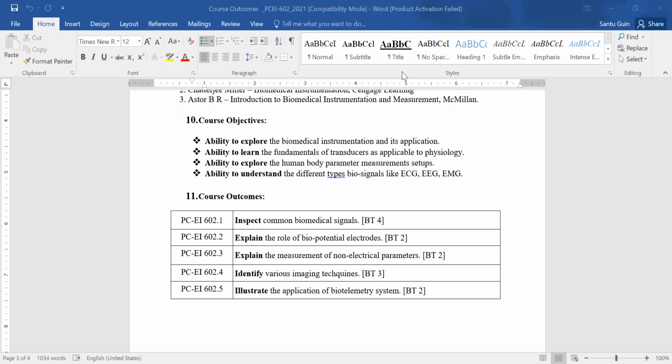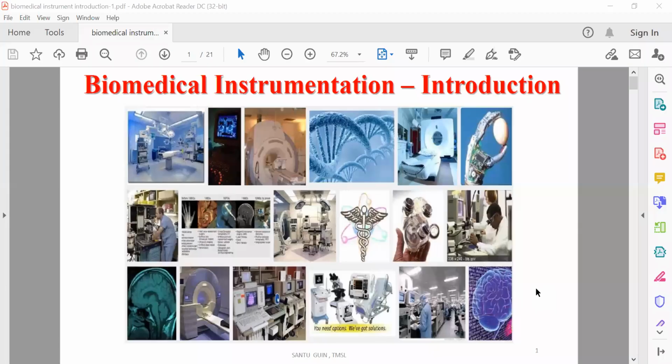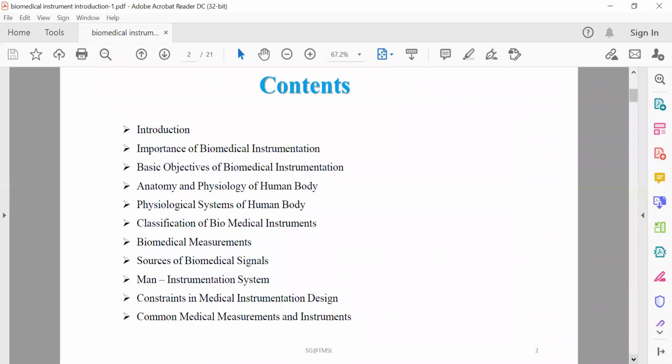Now we can start the subject, biomedical instrumentation. Today I would like to introduce some concepts about biomedical instrumentation. These are the contents of my lecture.